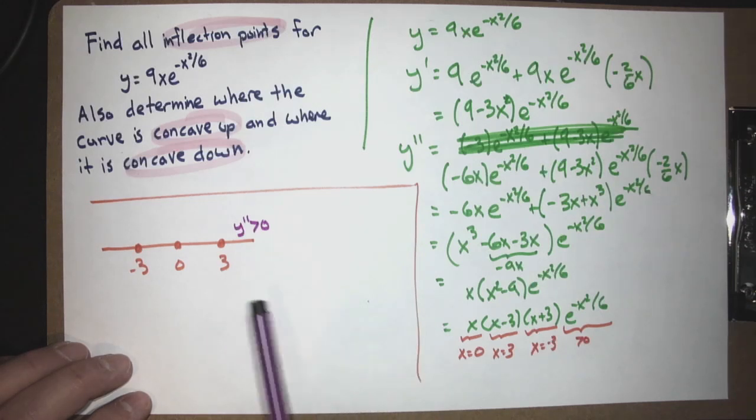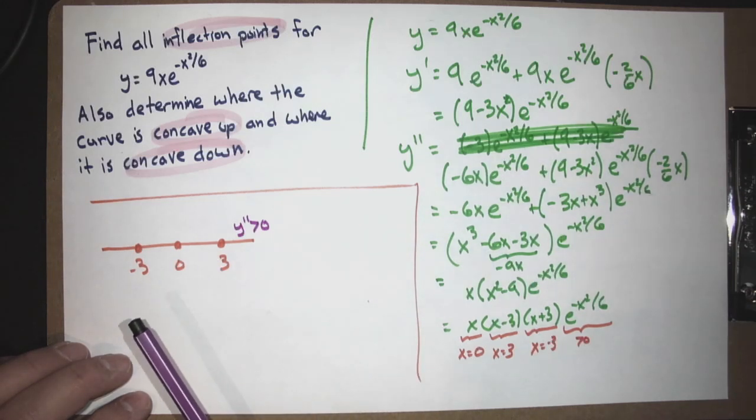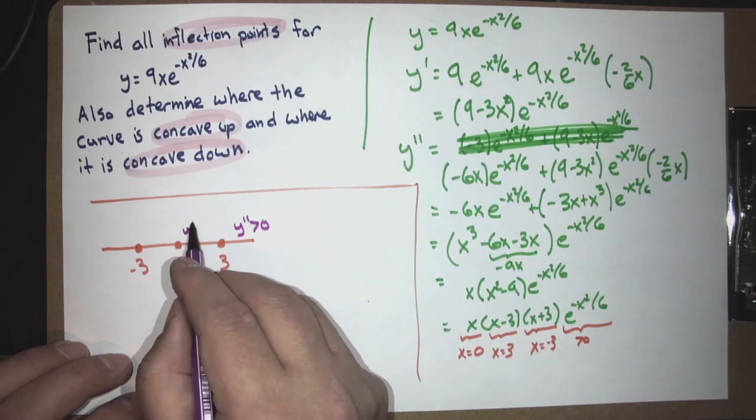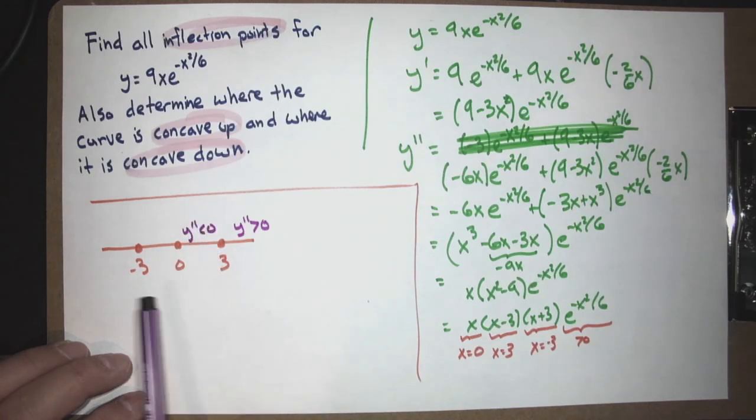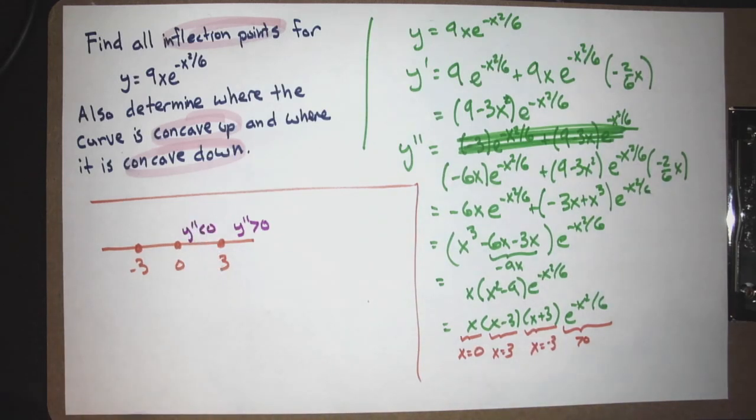So, 0 to 3, what's a good number? 1. Positive, negative, positive, positive. All together? Negative. How about from negative 3 to 0? Negative 1. Negative, negative, positive, positive.